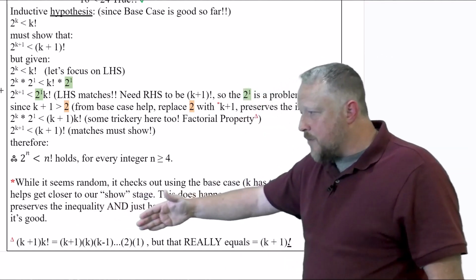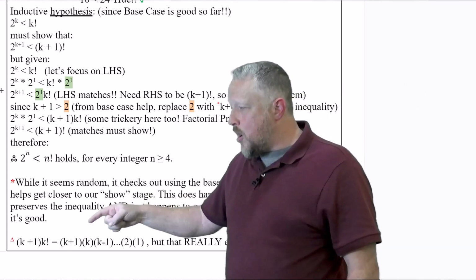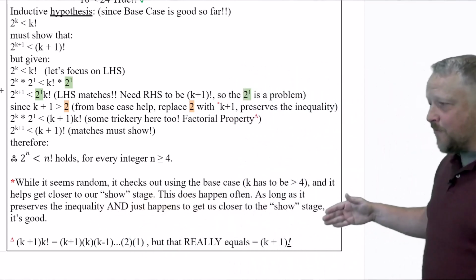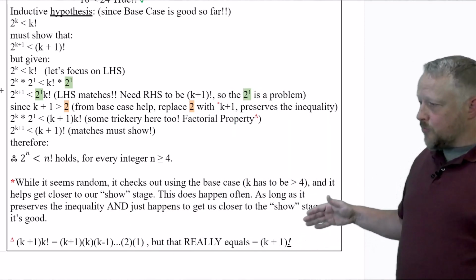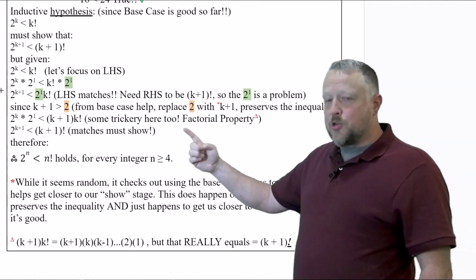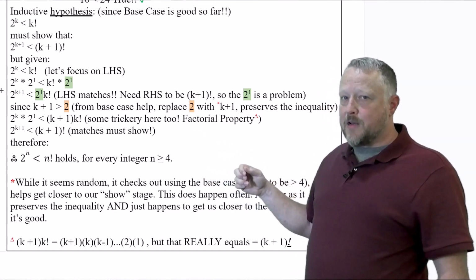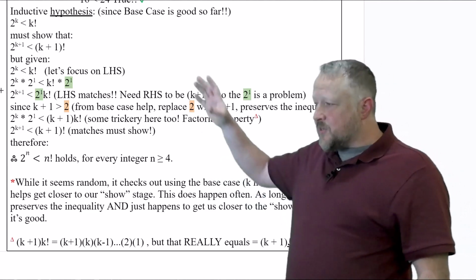Notice there's nothing unbroken in that sequence. So once I added that k plus 1, that superseded the k, and that really now equals (k+1) factorial. So a little bit of shenanigans in order to get exactly what I wanted. And again, I told you the factorial property is going to come into play on this, and it did right at the last second. So that's what helps us get into place.